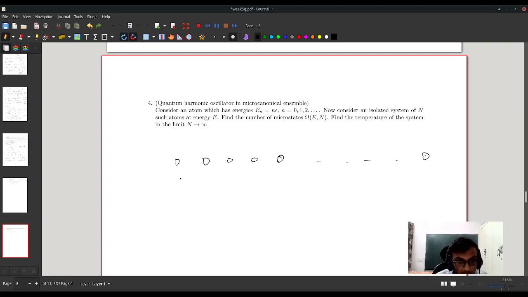So there are n such objects, and each object has this energy level spectrum, so it has these as the possible energies. The lowest energy state is going to be 0. The next available energy for this object is epsilon. The next energy is 2 epsilon, and so on.